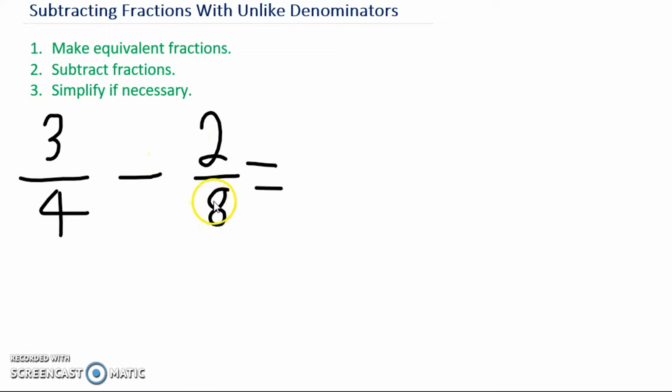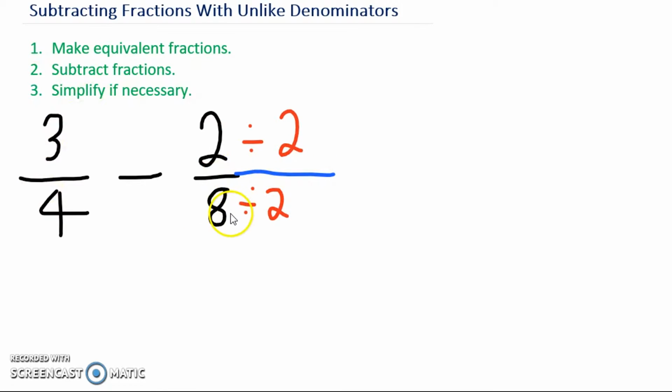So we could divide 2/8 by 2/2, because if you divide 8 by 2, then you'll have 4, which will make these equivalent.